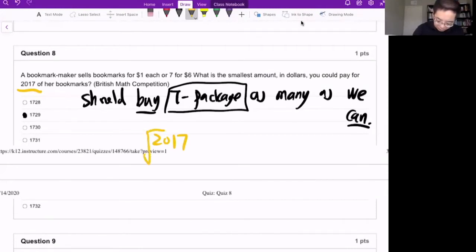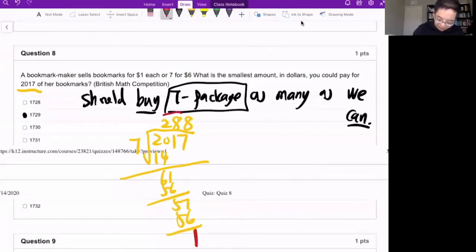So I divide this by 7: 2, 14, 61, 6. This is 8 again, 1. All right, so the remainder is 1. That means we can have 288 packages of 7, and then the last one we have to just buy individually, right?